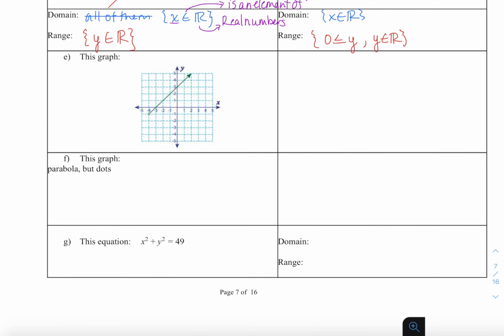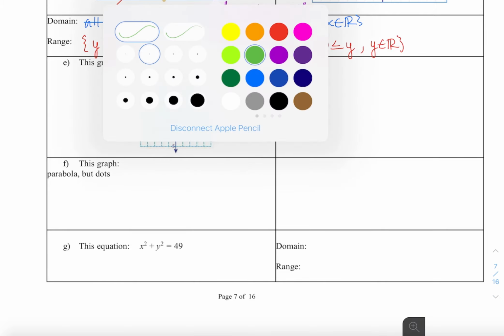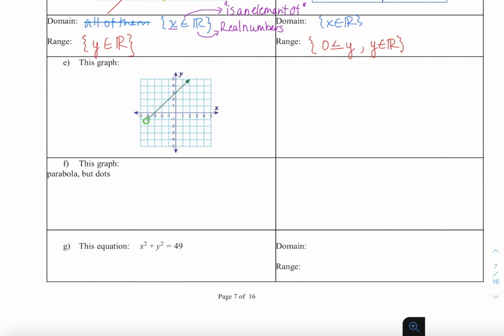So let's take a look at this next graph. What you may or may not be able to see is that there's actually an empty circle here. So when we go to find the domain and range of this, I need to recognize that that point is actually not included on the graph.